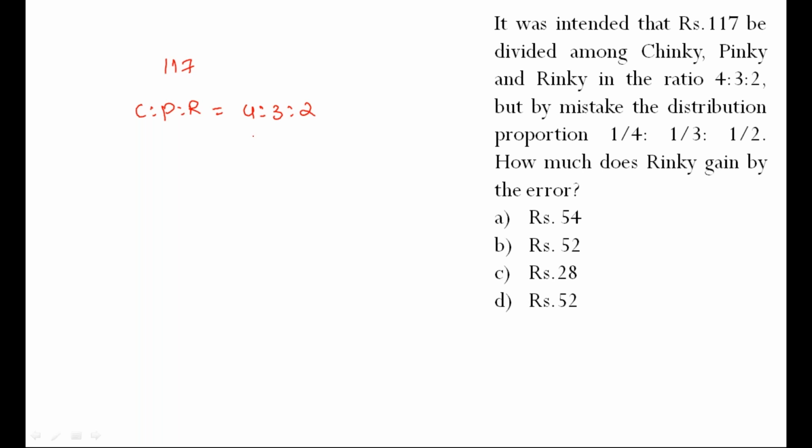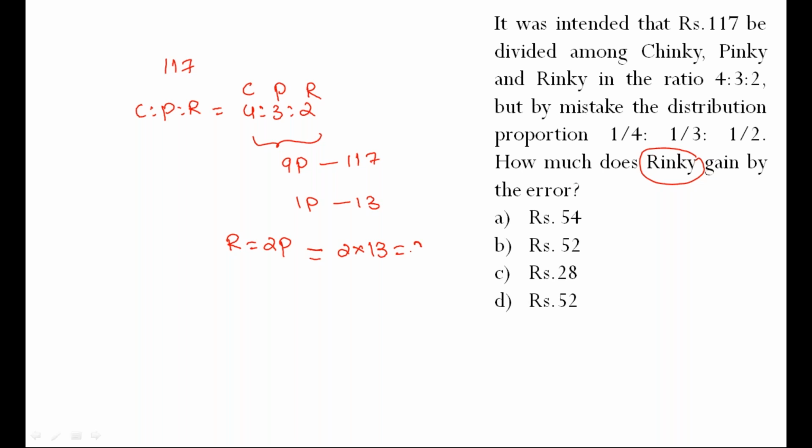We discussed this in the partnership concept. All these 3 together make 9 parts. When 9 parts is 117, 1 part equals 13 rupees. The question is about Rinky, whose share is 2 parts. One part is 13, so 2 parts is 26 rupees.